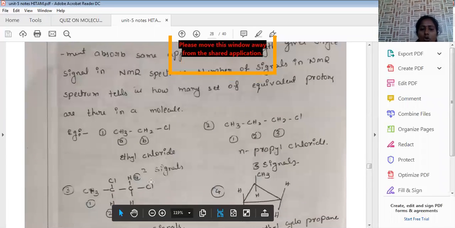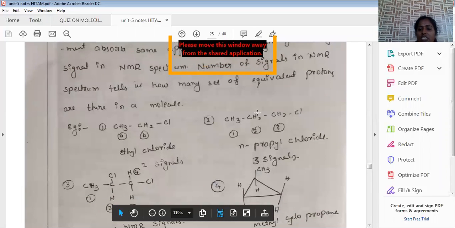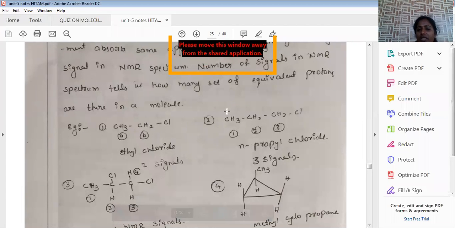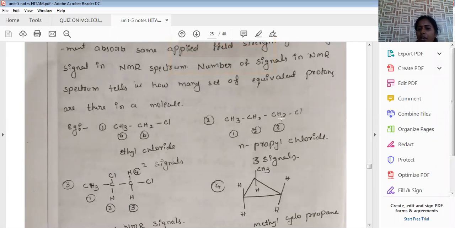Now, let us go with another molecule, CH3, CH2, CH2, Cl. Here, CH3 stands for one set of equivalent protons, CH2 stands for the second set of protons, and the other CH2 stands for the third set of protons. Here you may have a doubt: this CH2 and this CH2, are they exactly equivalent? Not like that.